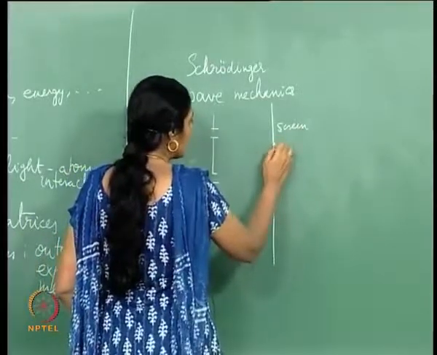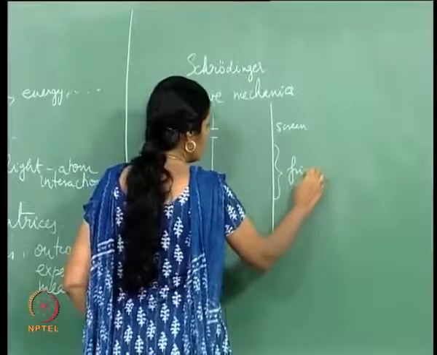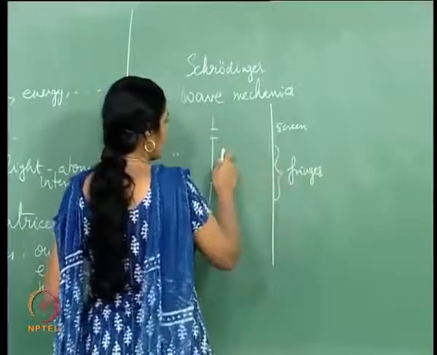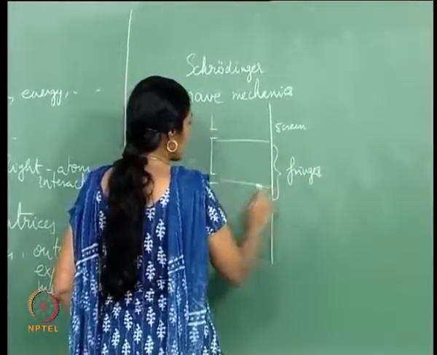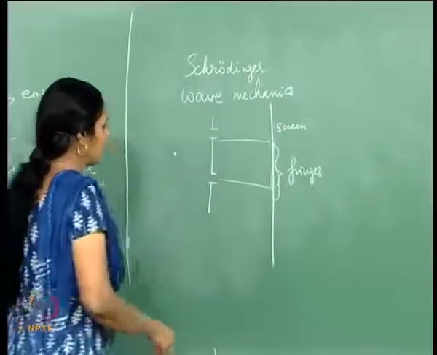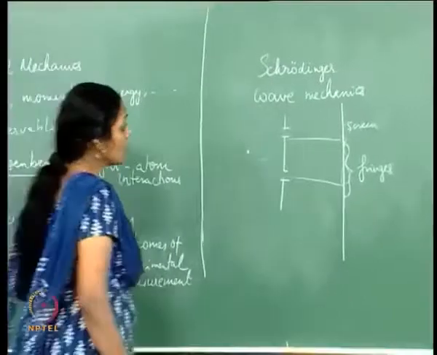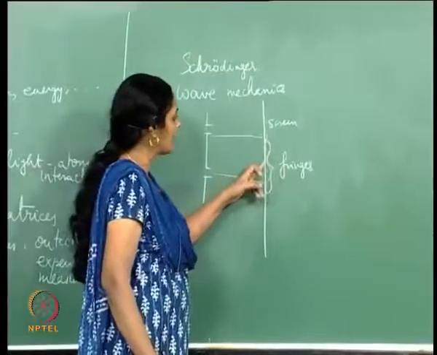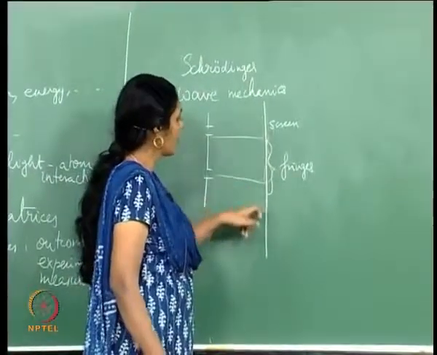Since we had fringes here also, clearly the electrons were there, the waves were interfering even in this region. So, there is a non-zero probability of finding the electron here, here, here, here, and of course, all over there.